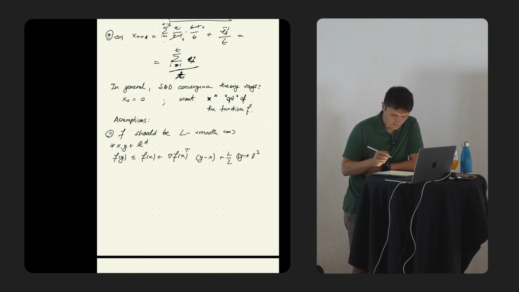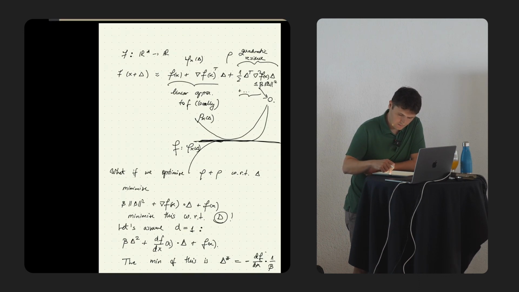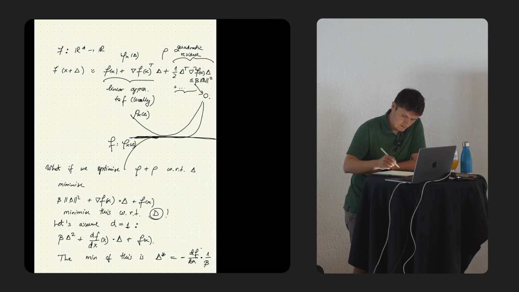So basically, what does this mean? If you recall the intuition that we had over here, we said we have the true function, which is this, and we had the linear part of the function around this point here, and then we wanted this kind of function rho to bound the quadratic difference between the function itself and the linear approximation.